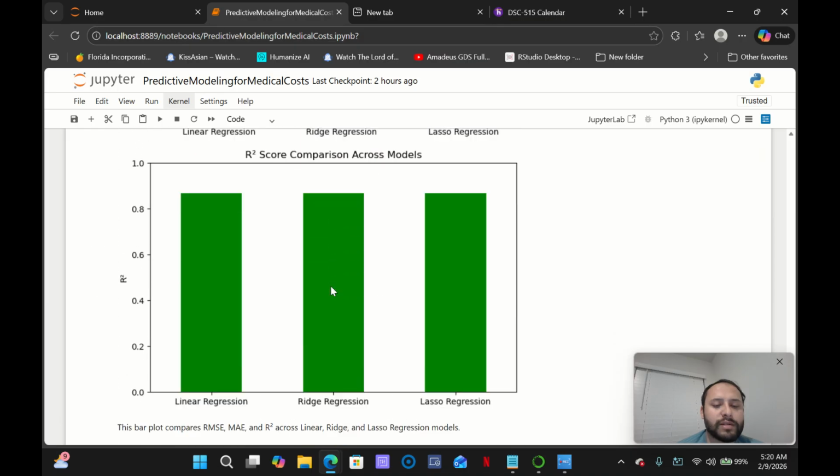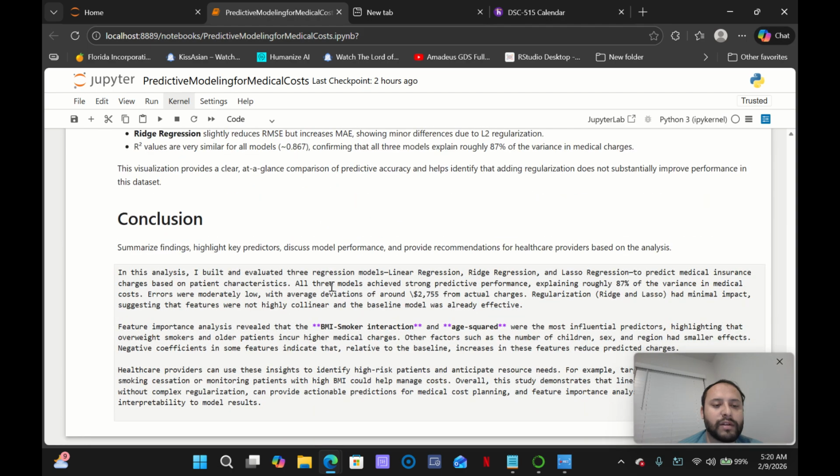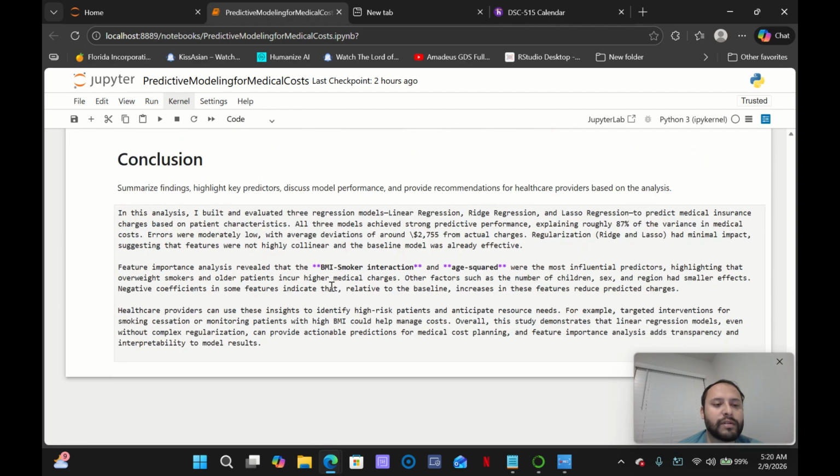This is the visualization of those evaluations. For recommendations, healthcare providers can use this prediction to identify high-risk patients and allocate resources.